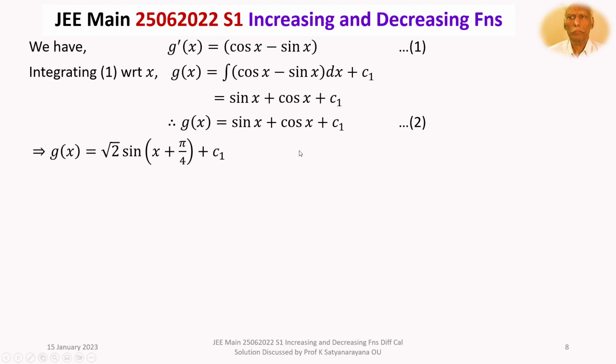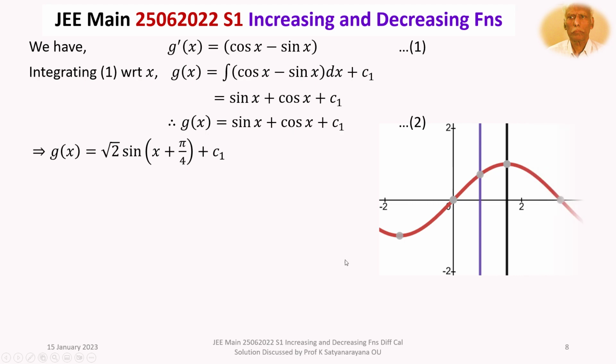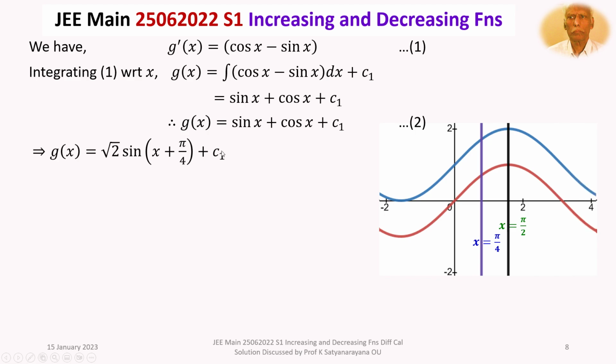So this is your sine curve. Suppose c1 is positive. Of course, scaling also takes place. So scaling and it translates upwards by c1 units. If c1 is positive, it goes up by c1 units.